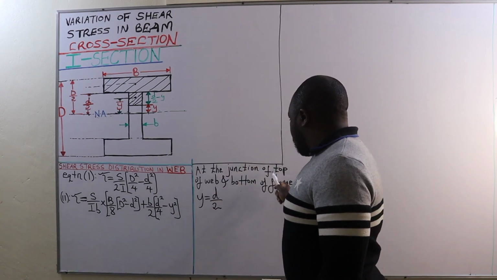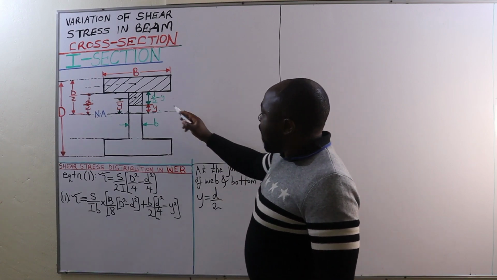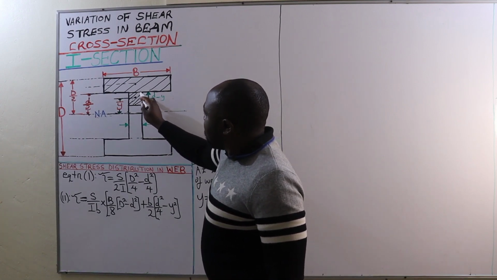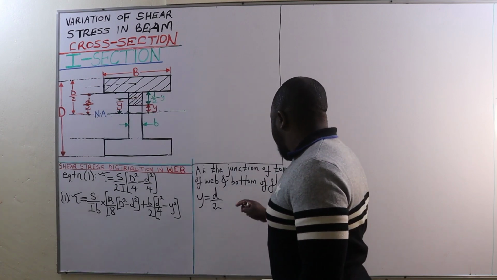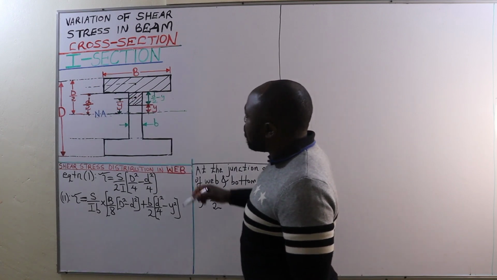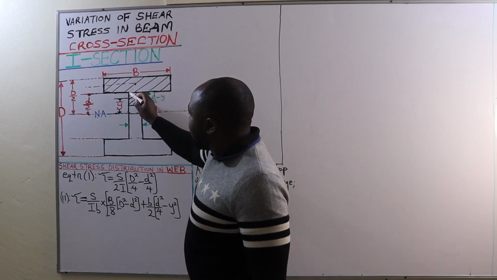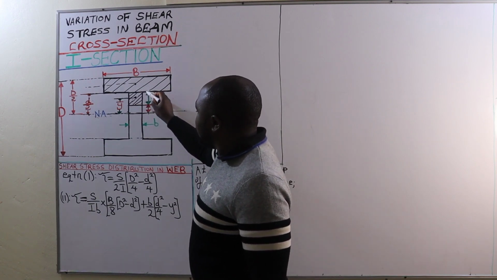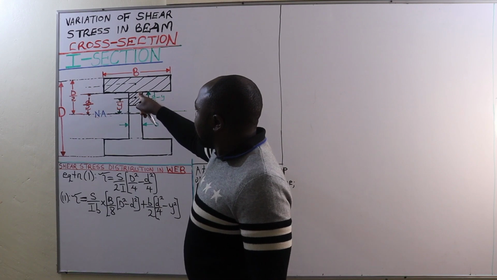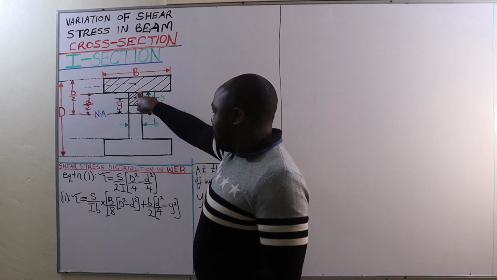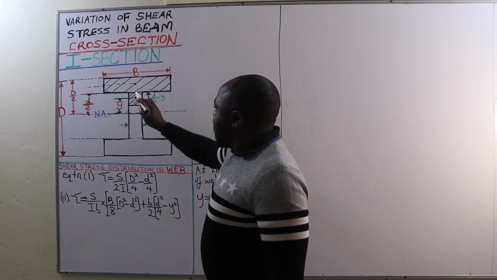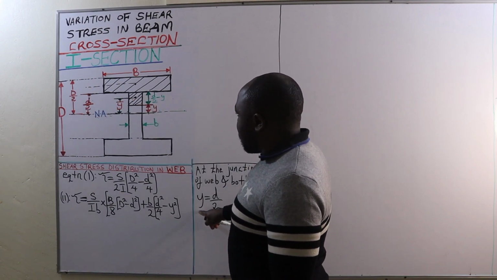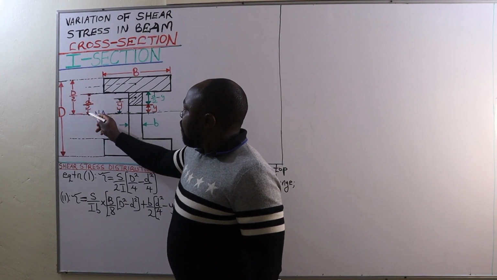At the junction of the top of the web is at this point here, and the bottom of the flange, the same point. So this is the junction between the top of the web and the bottom of the flange. At this junction, the value of y is d over 2.